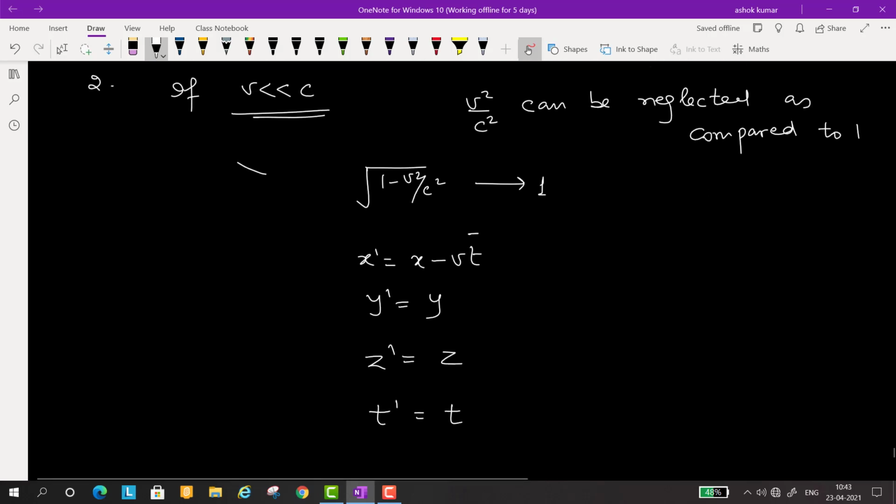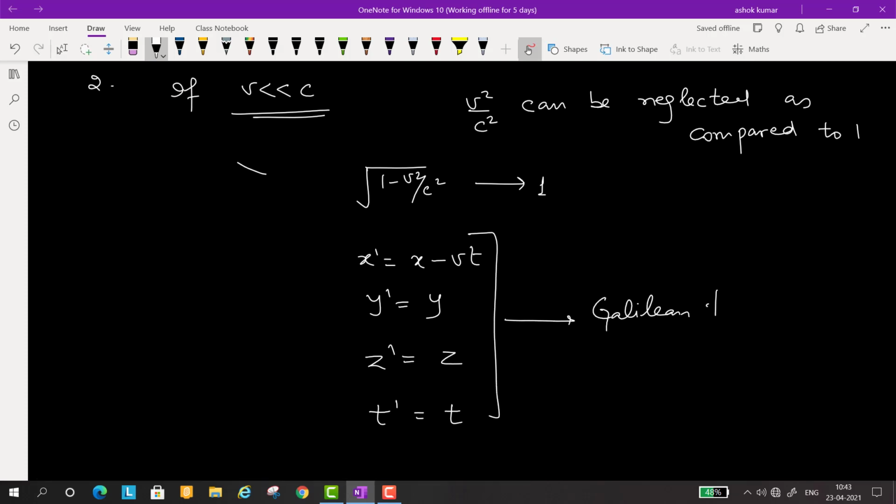So these are our Galilean transformation equations. What is our conclusion? That Lorentz transformation equations give us Galilean transformation equations when our frame of reference is moving with a velocity very small or negligible as compared to the speed of light.